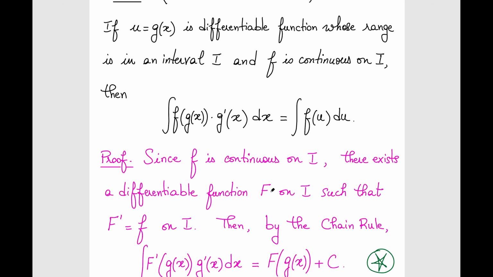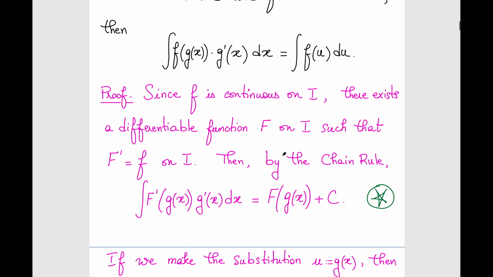Let's call it capital F. As such, by the chain rule, the primitive of this is equal to that. Why? Try to differentiate this function with respect to x. What you get is that expression, by the chain rule. Am I correct?